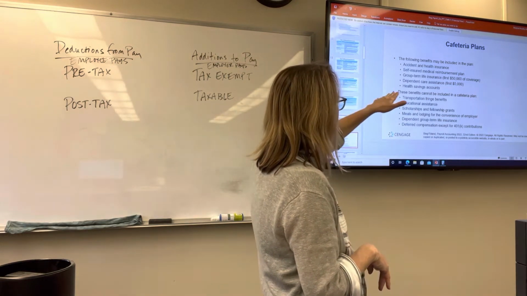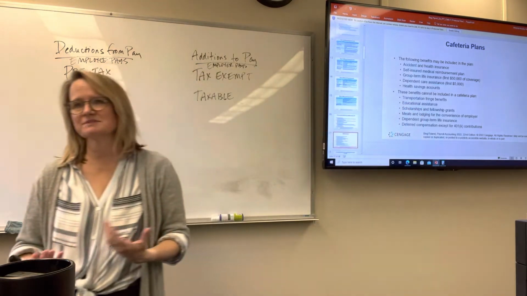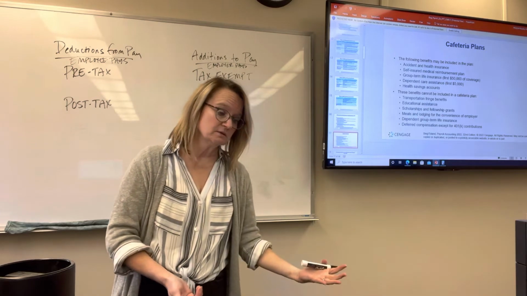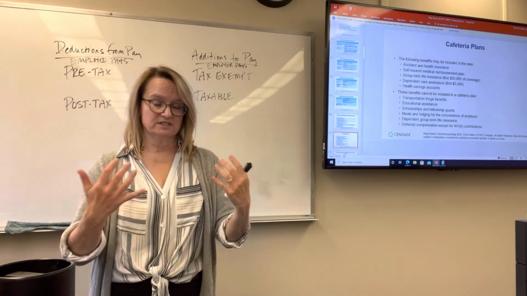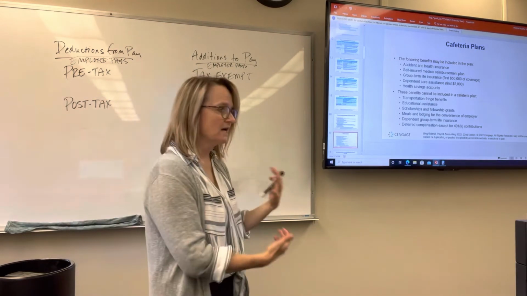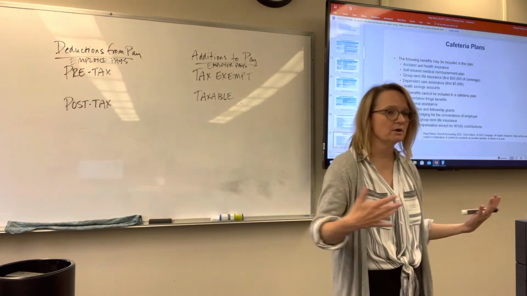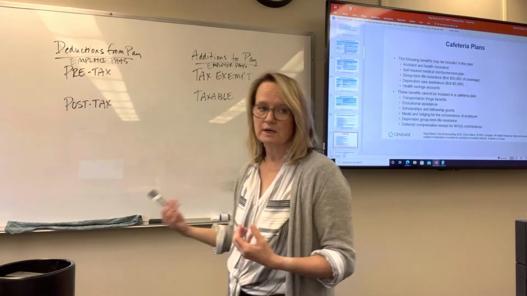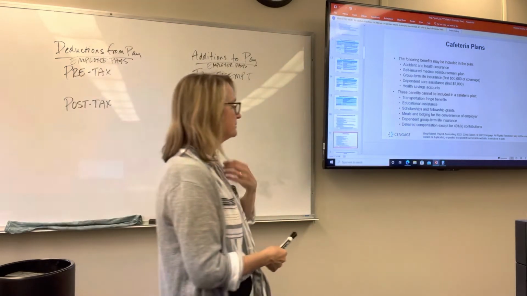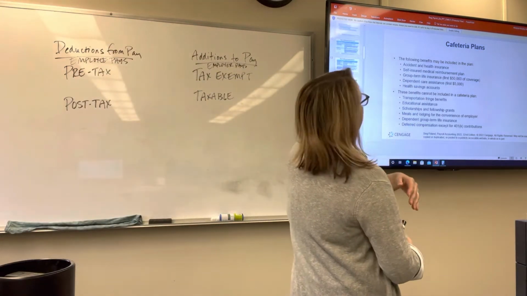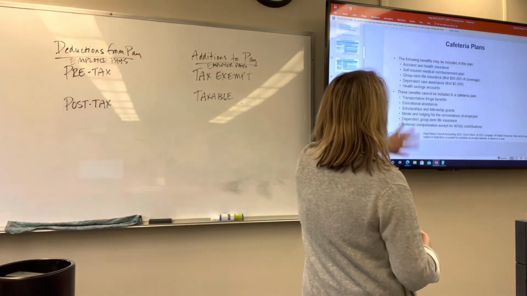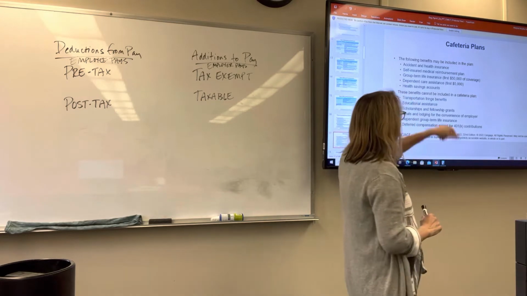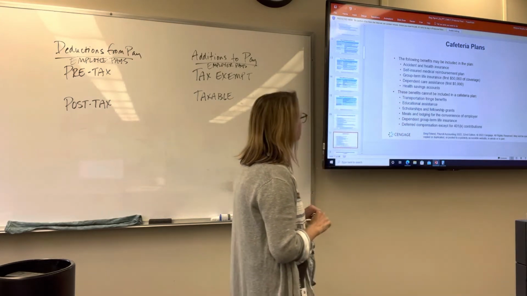The self-insured medical reimbursement plan, so sometimes companies will, instead of paying insurance premiums, just self-fund, and any expenses that come up along the way, they will pay out of pocket for those amounts. They usually hire an insurance company to administer any claims. Group term life insurance is included in this.